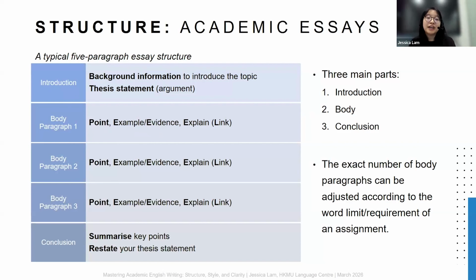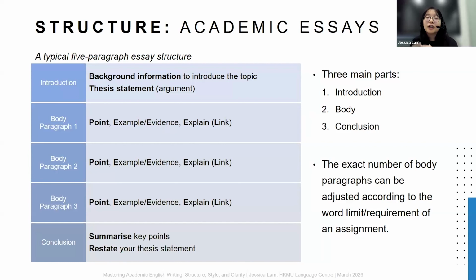And then, once you've included that with relevant citations, you should explain it, right? Explain how your example or your evidence connects to your main point, how it supports it. And then once you've explained it, you can add a link. So the link is optional, which is why I've put it in brackets like that, right?